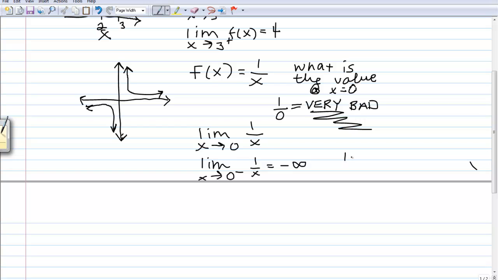Okay, the limit as x approaches 0 from the right, let's see, go this way, go up, up, up, up, up, and, oh, positive infinity. Therefore, what do we conclude? Alright, you should know this if you saw the movie, but limit does not exist.